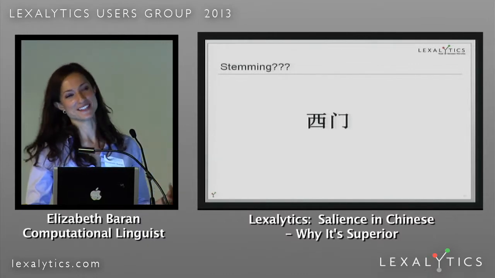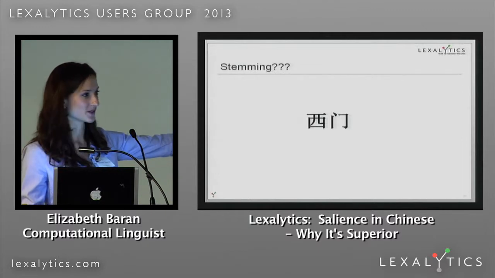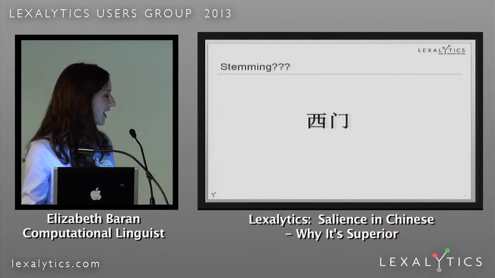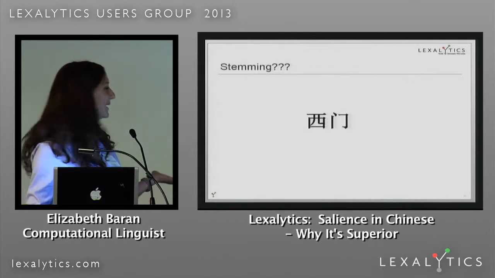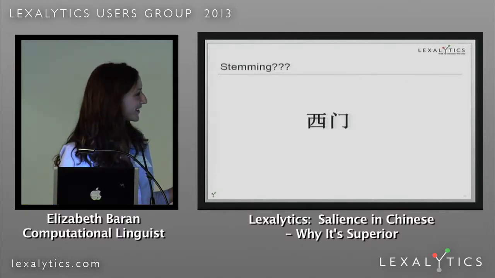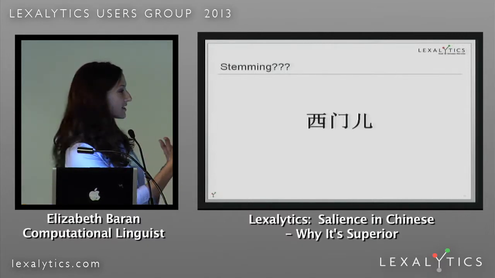They would teach us, if you take a cab, this means the West Gate. If I was going to my school, you could say Ximen, but in Beijing you would say Ximer. And you'd add this character, and this is kind of like a phonetic character. It just attaches onto the last one.